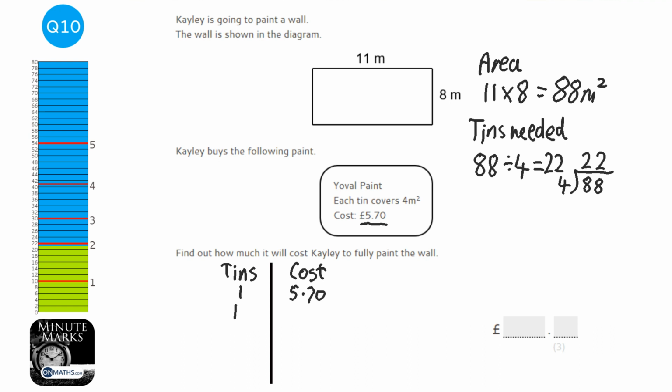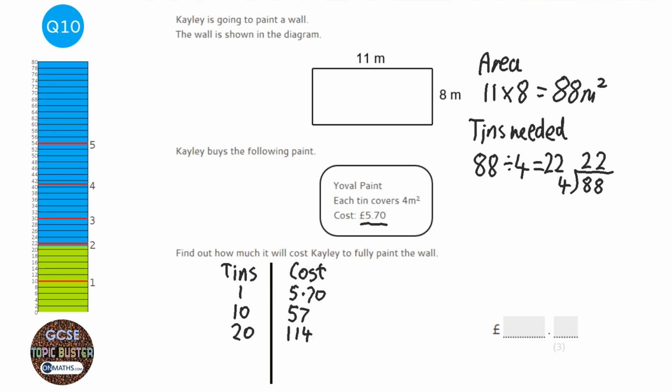So if I get 10 tins, that will be 10 times as much, so that will be £57. If I get 20 tins, that's going to be twice as big as 57, so it's going to be £114.